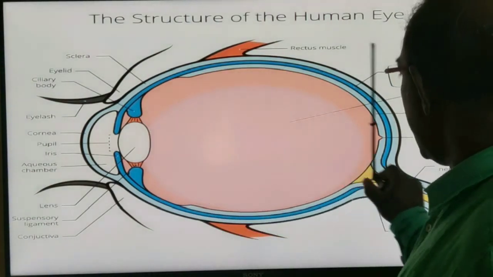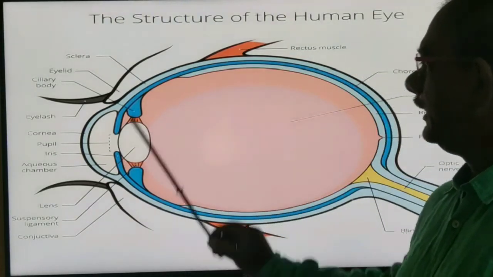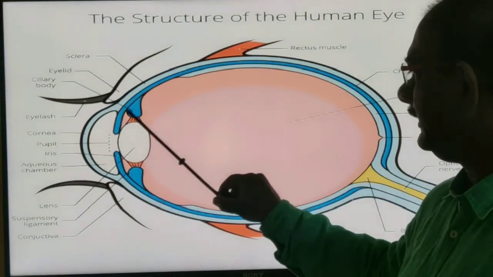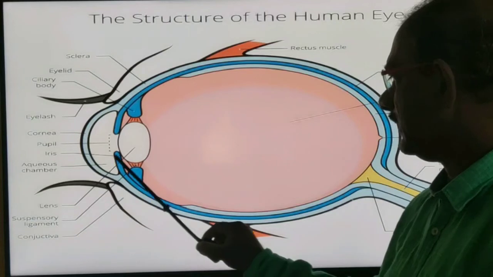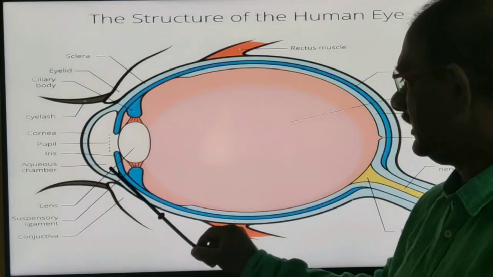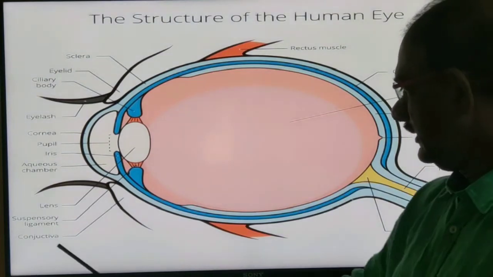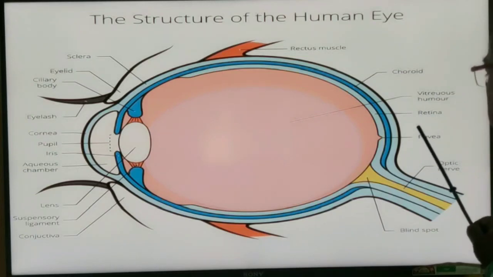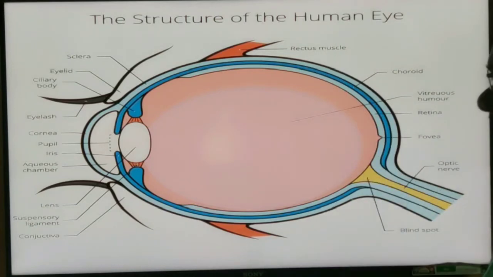So the eye consists of three coatings. First, each and every label is studied. So sclera, then eyelid, ciliary body, eyelash, here the cornea, pupil, iris, aqueous chamber, lens, suspensory ligaments, conjunctiva, blind spot, optic nerve, fovea, retina, vitreous humor, choroid, rectus muscle.